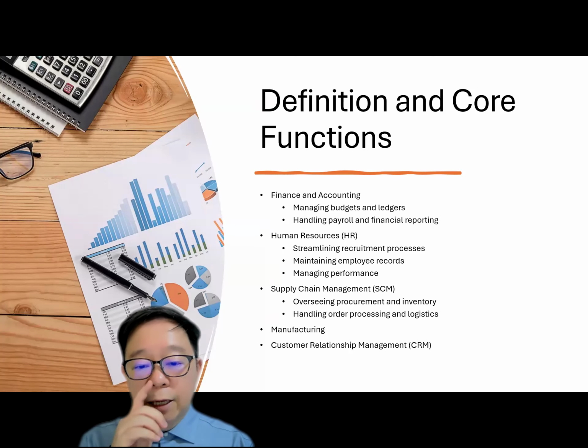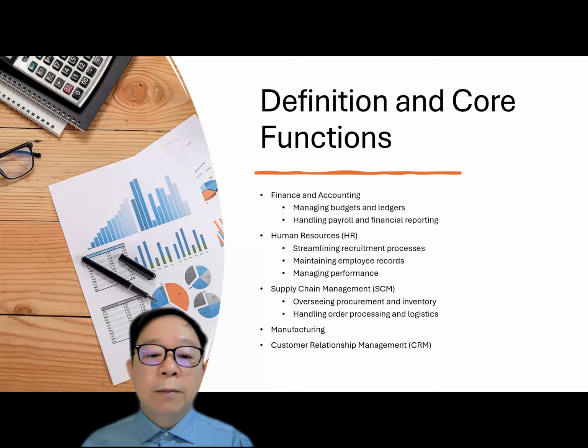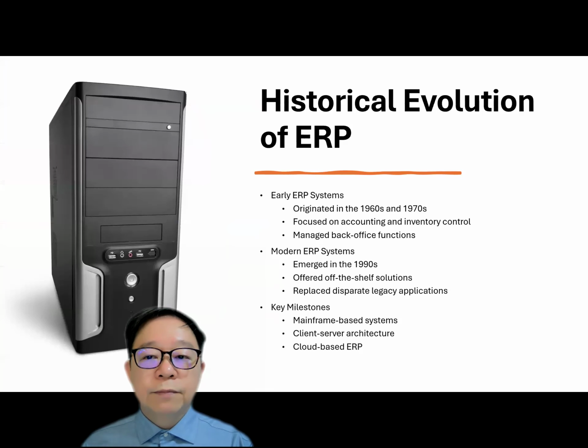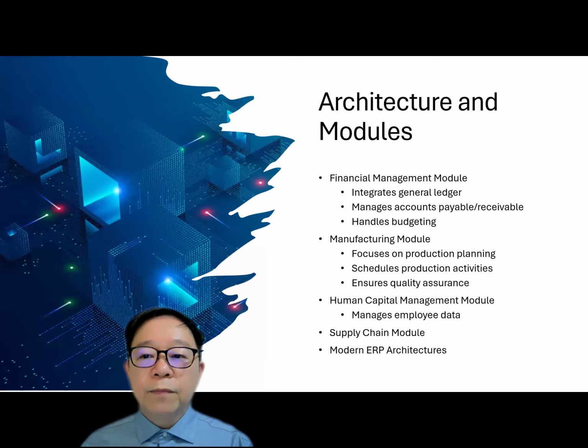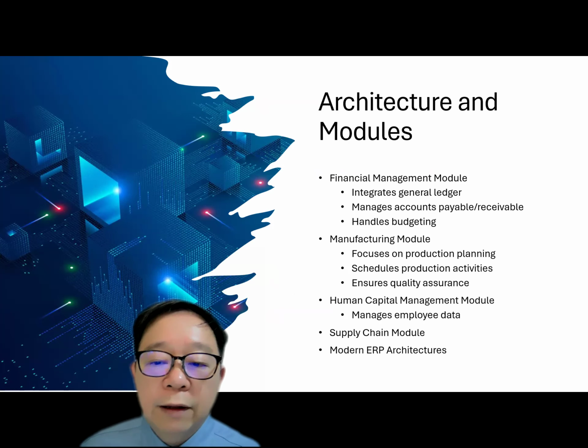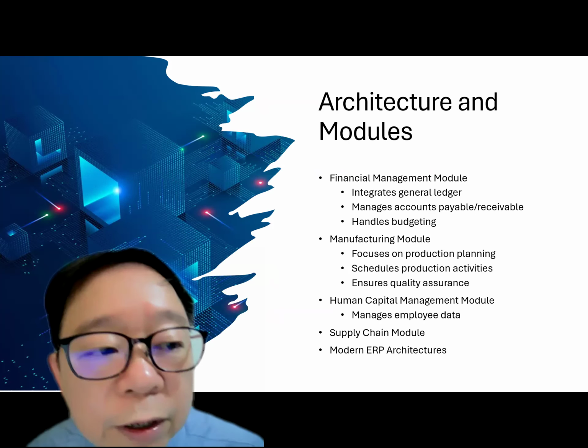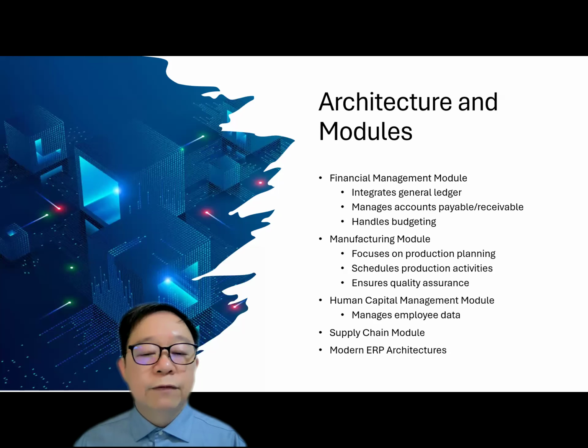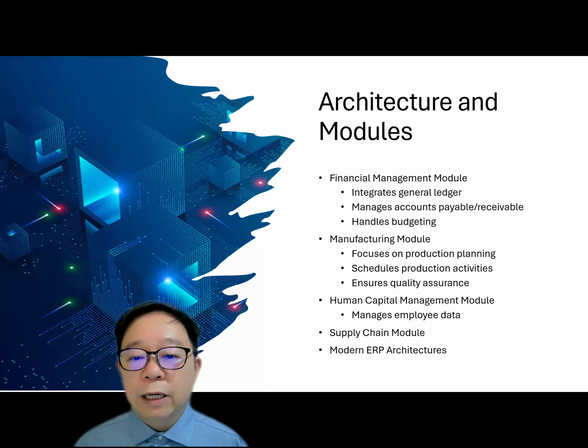So here are all the departments that normally must be covered by the ERP system, right? If you look at the architecture, the financial system is very important. The financial department module is the most important in any company. They will integrate with the general ledger. For those who are studying accounting, you understand that: every transaction is recorded in the ledger, right?